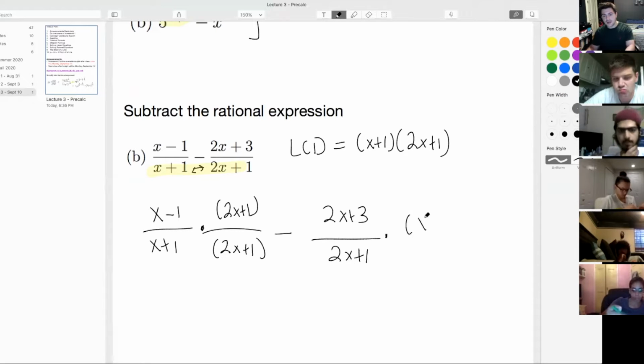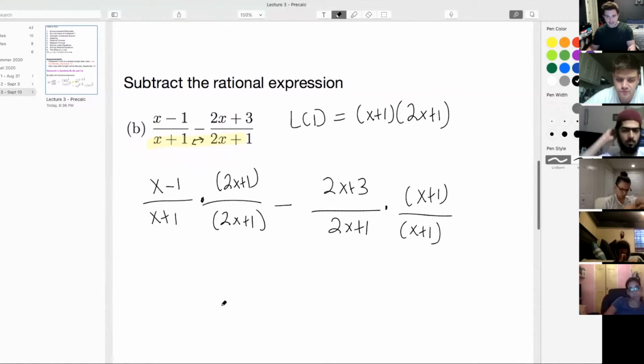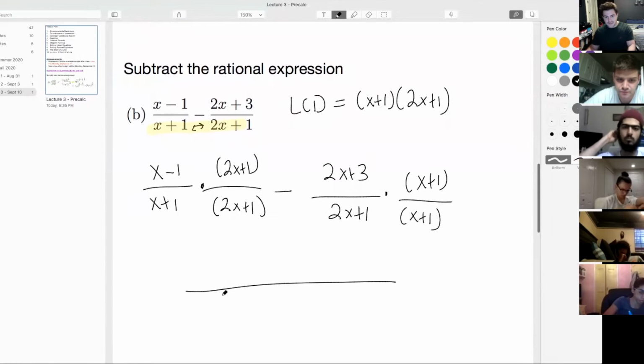I need to multiply the top and bottom of this guy by x plus 1 to create those common denominators. All right, so I hope that's okay. And now you just rewrite this as one big fraction. x plus 1 times 2x plus 1. Yeah, and you can pretty much just leave it like this.